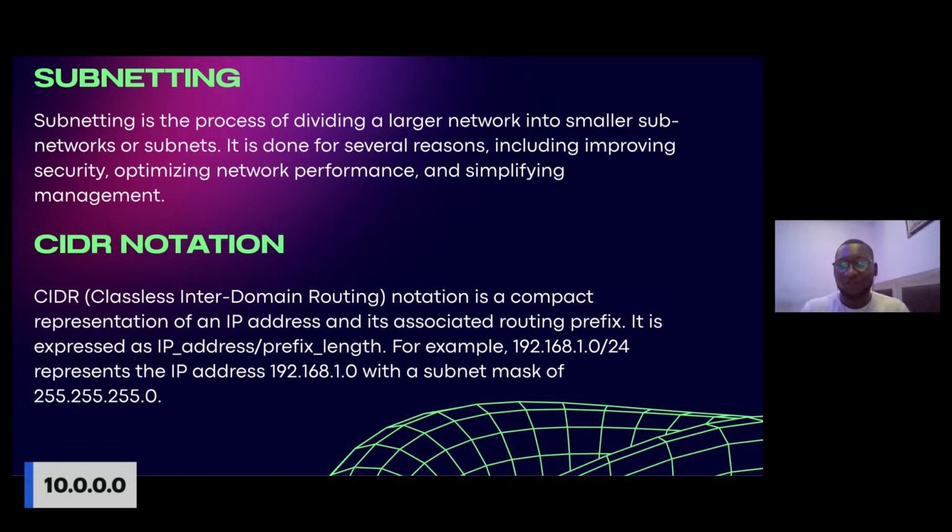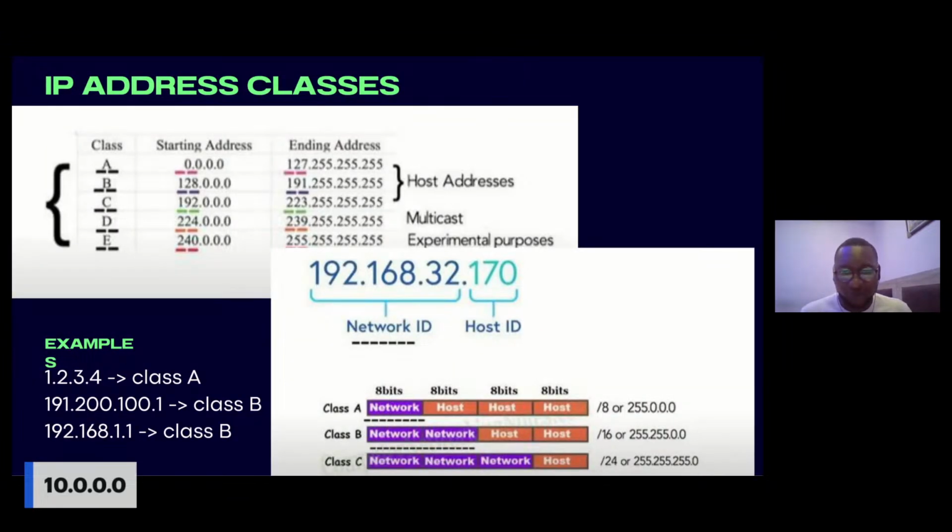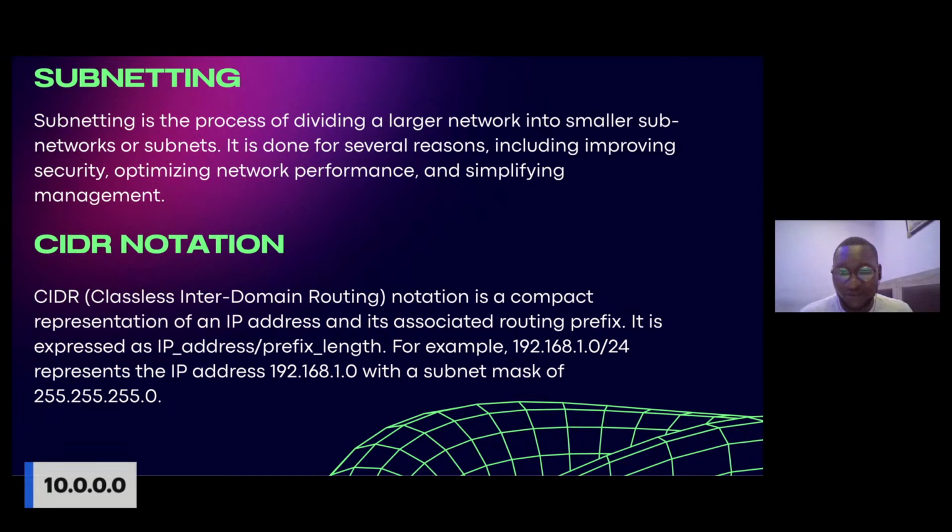So you have a network, a VPC, and then you have some subnets in it. We'll still go into subnets in a bit. And then we have CIDR notation, right? That was what I was talking about earlier. If I go back to the previous slide, you will see on the lower right hand corner /8, /16, /24 there. Those are the CIDRs, sorry, for each of the classes, right?